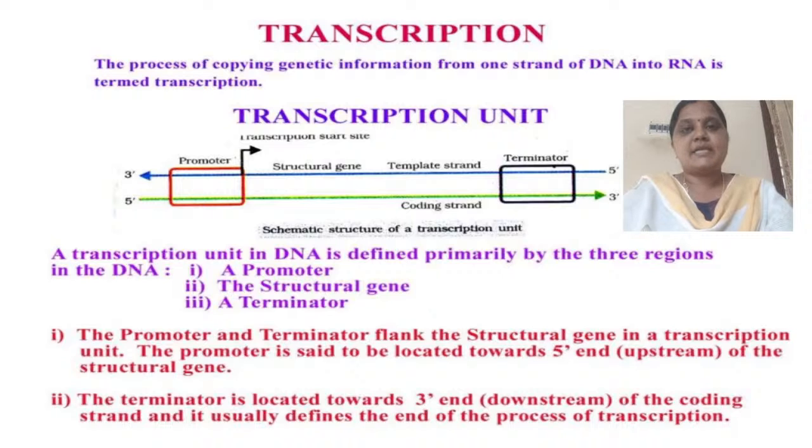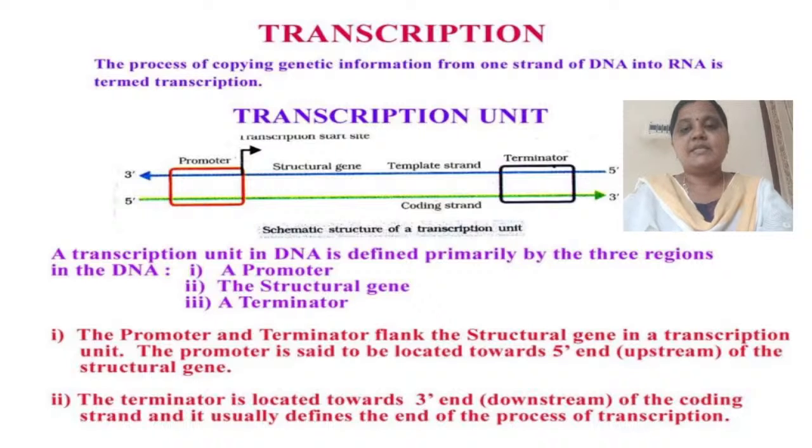A transcription unit in DNA is defined by three regions: promoter, structural gene and terminator.